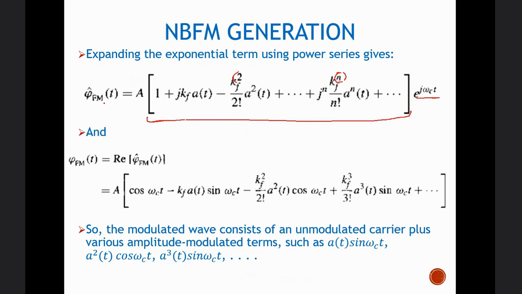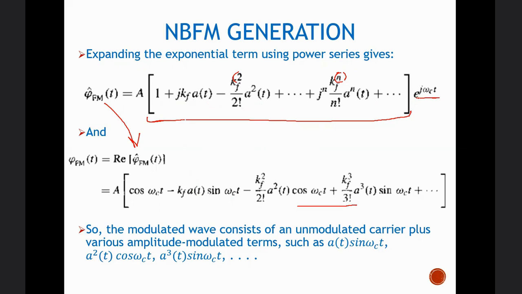So the real part of this signal would be equal to φ_FM, which is the cosine term, which is equal to this signal where we have the cosine terms. The real part of this would give us, for example, over here, this j k_f a(t) appears as it is.